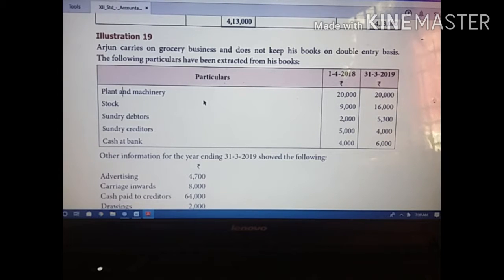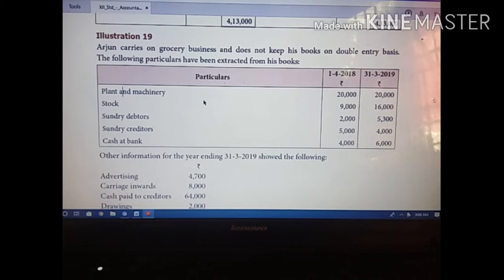Plant and machinery at the beginning of the year is 20,000, and at the end of the year it is also 20,000. Stock at the beginning is 9,000, but at the end of the year it increases to 16,000. Debtors at the start are 2,000, at the end 5,300. Sundry creditors 5,000, at the end 4,000. Cash at bank 4,000, at the end 6,000.